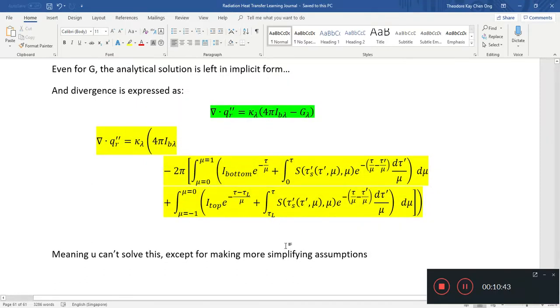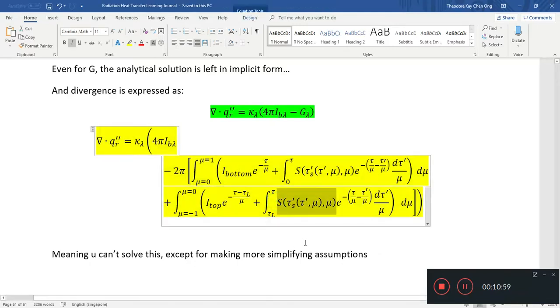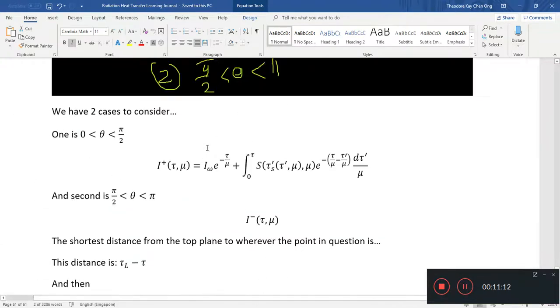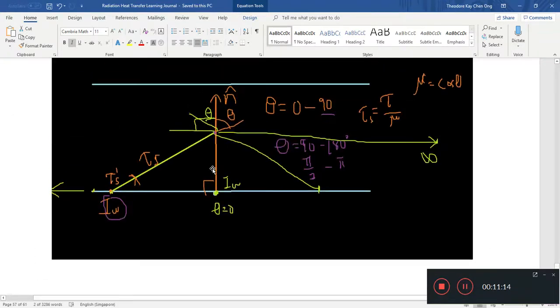Hopefully you know how to derive the equations by now, and you know that it is a very difficult thing just to derive, and it's also difficult to solve using these analytical solutions, which are left in implicit form, because then you have to tell us what the source is, and the source again will be dependent on incident radiation from elsewhere, right?